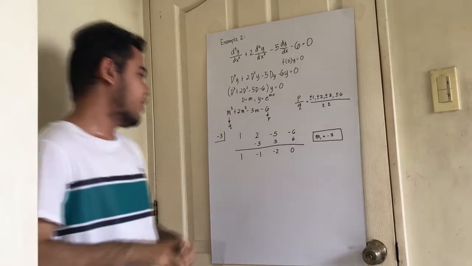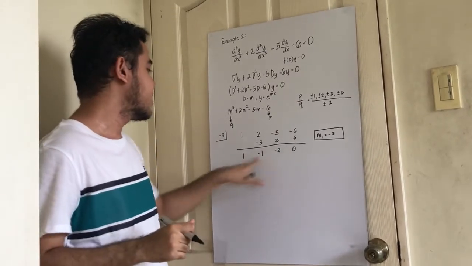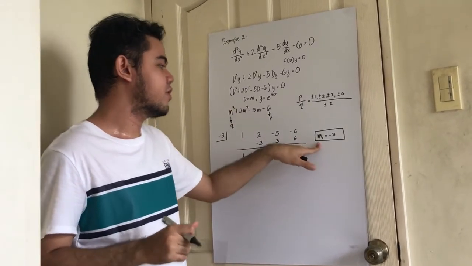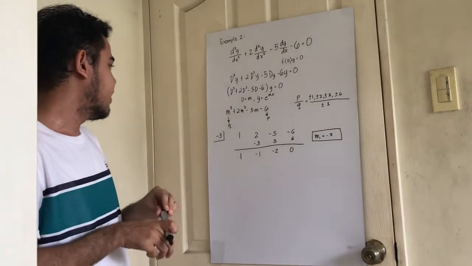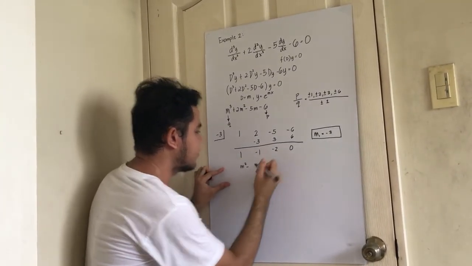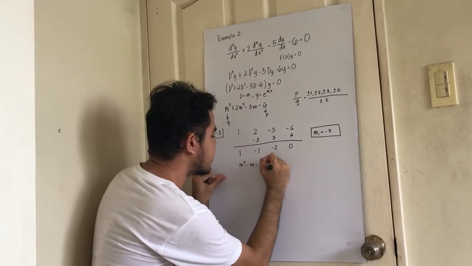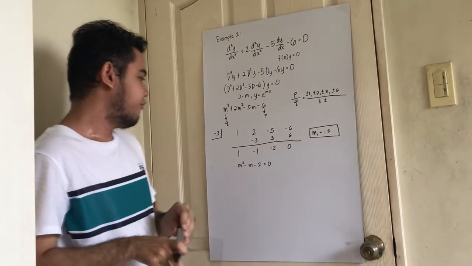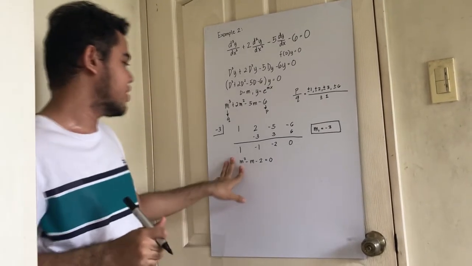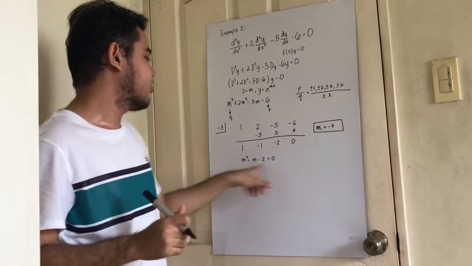So, the new coefficients of the new auxiliary equation would be these, and reduce the degree by 1 from 3, since we already got the first root, which is negative 3. So, that would become 1, which is m squared minus m minus 2, which is equal to 0. Then, you get the roots again, and to get the roots of this, you just factor it. We already know how to factor a quadratic equation.